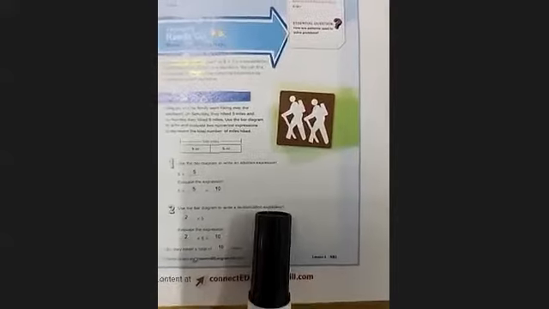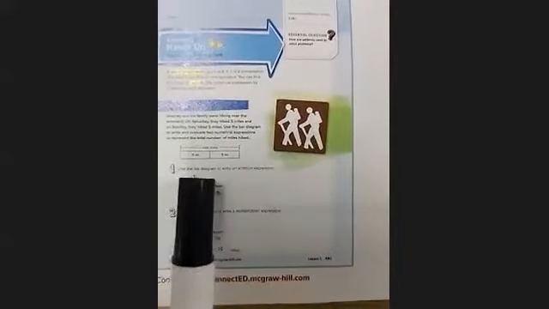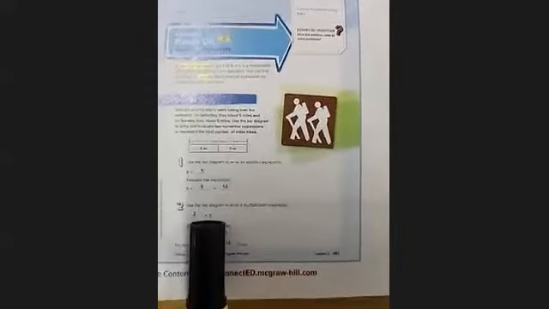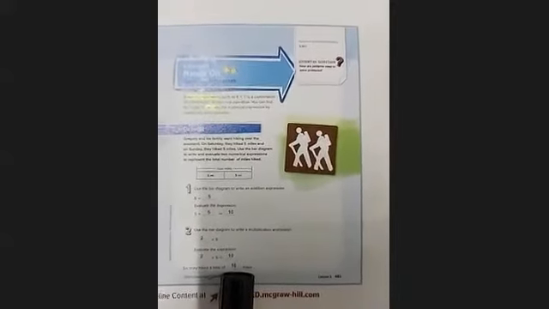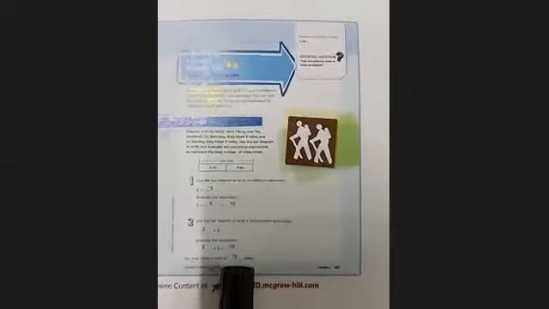Now, way number 2, we use the bar diagram to write a multiplication expression. How many 5s do we have? 2 5s. What's the number we multiply with 5? 2. So it is 2 times 5. And down, let's evaluate. Evaluate means to find the answer. 2 times 5 equals 10. So they hiked a total of 10 miles in this trip. This is the idea of the lesson, guys.